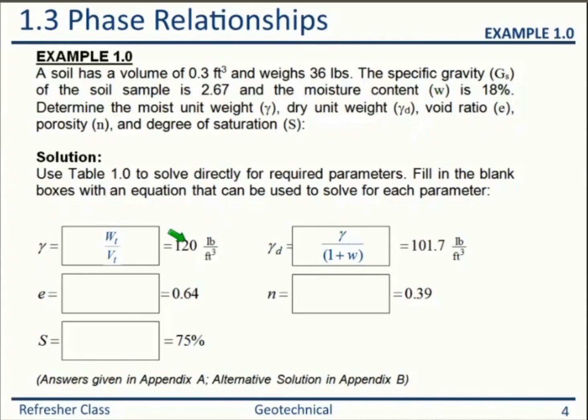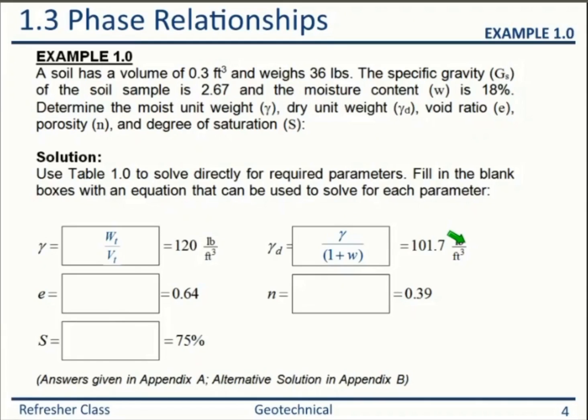Therefore, gamma D is 120 as calculated here, divided by 1 plus, in the calculations, you put the whole number. So 18% will become 0.18. So it will be 120 divided by 1.18. If you plug it in the calculator, you will get 101.7 pounds per cubic foot, or PCF.